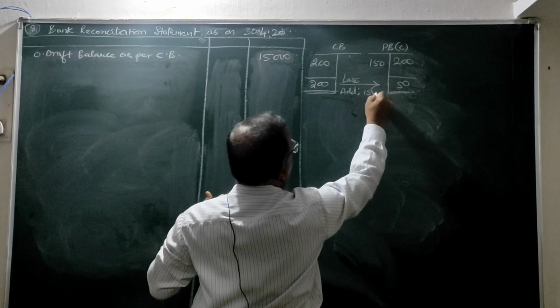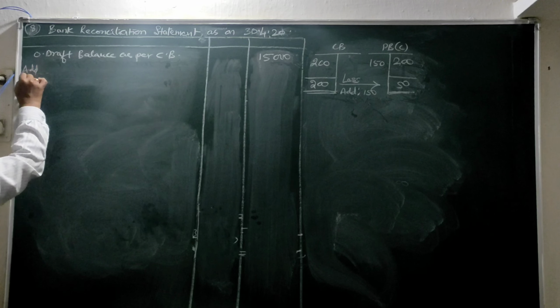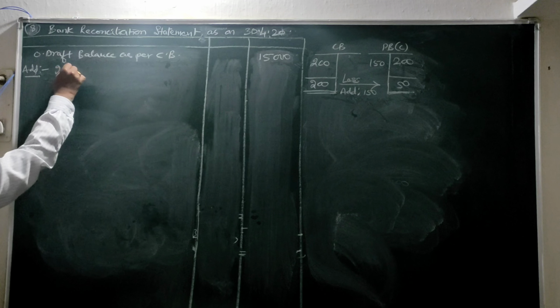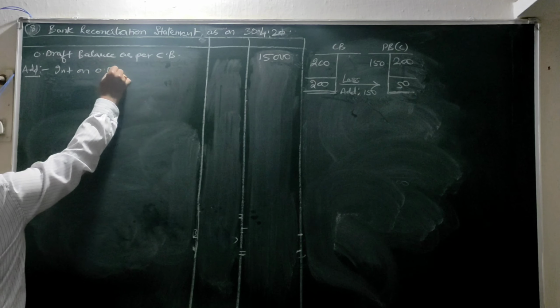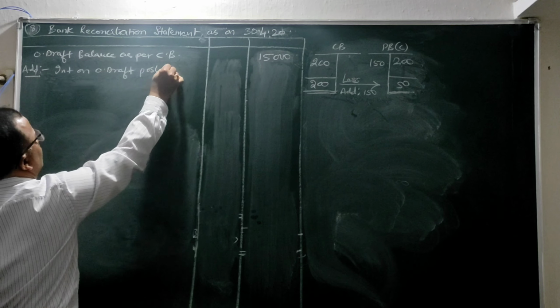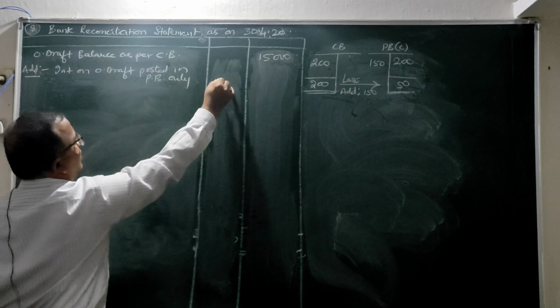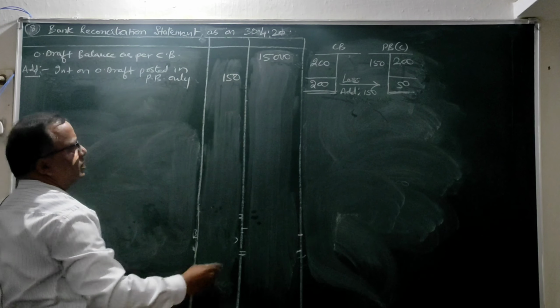How much difference between these two? 150. So below add we write: interest on overdraft posted in passbook only, 150.